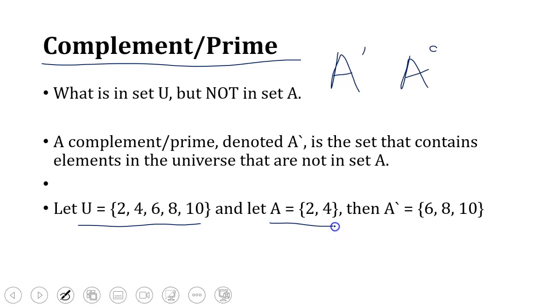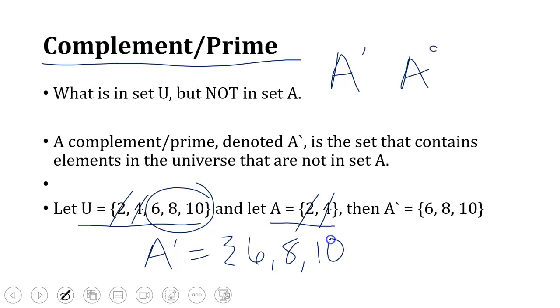And then we have A: 2 and 4. So what is left? What do they not have in common? Okay, they both have 2, so cross those out. And they both have 4. So what numbers are left? The complement, A prime, is 6, 8, and 10.